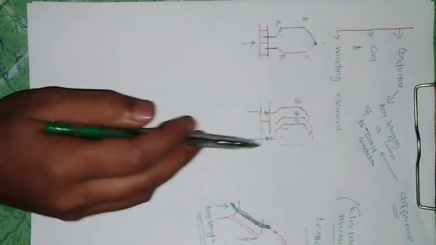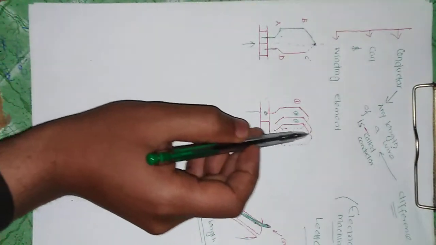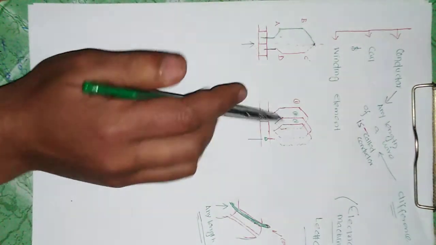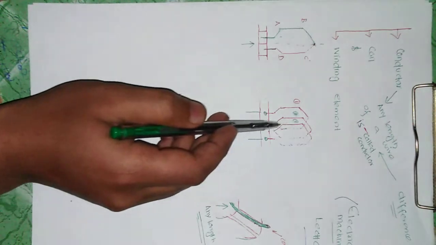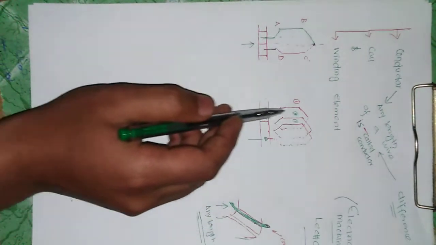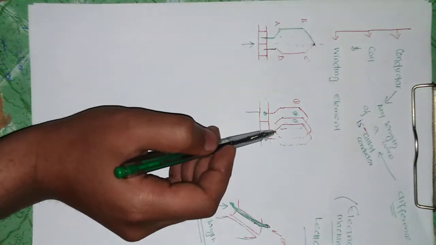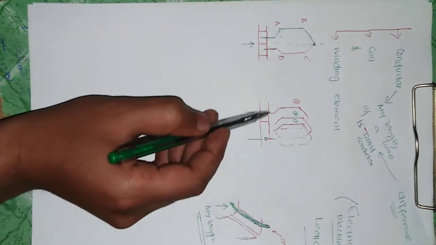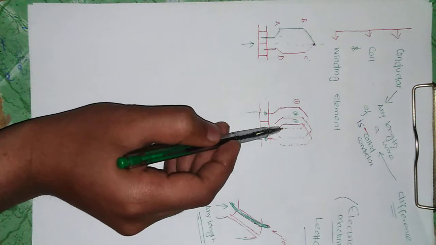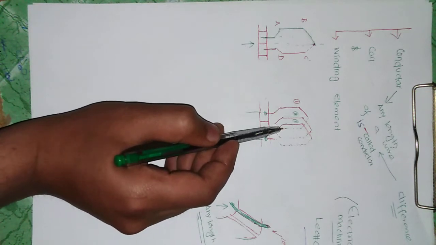On each side of this coil there are 3 conductors, 1, 2, 3. So this is multi-turn, or in other words, this coil is a combination of a number of turns. For example, this is one turn, this is the second turn, this is the third turn. That is the definition.